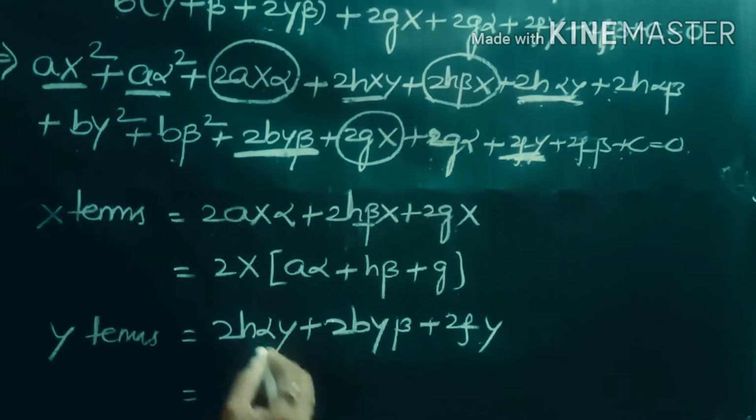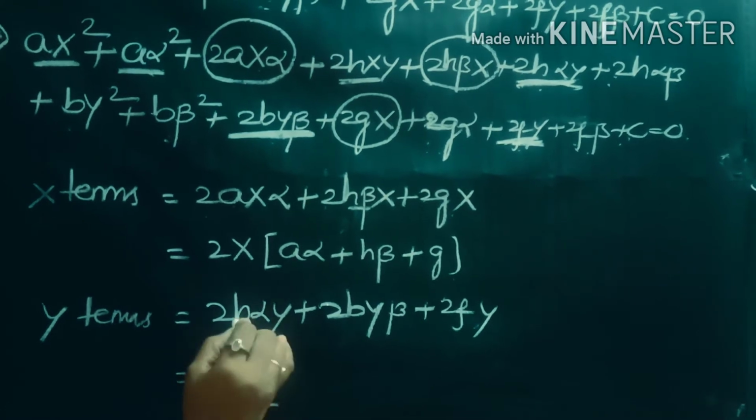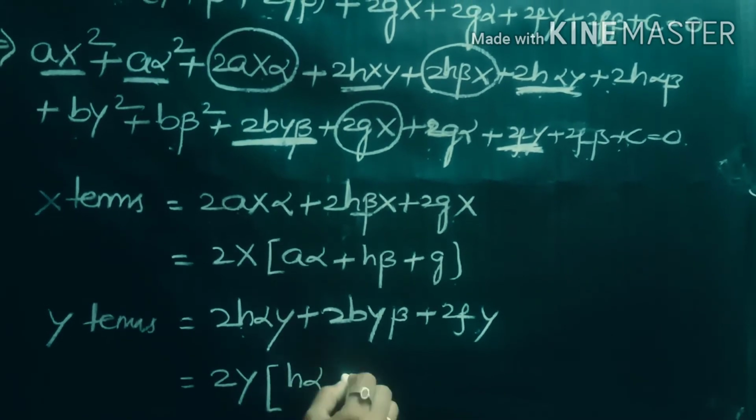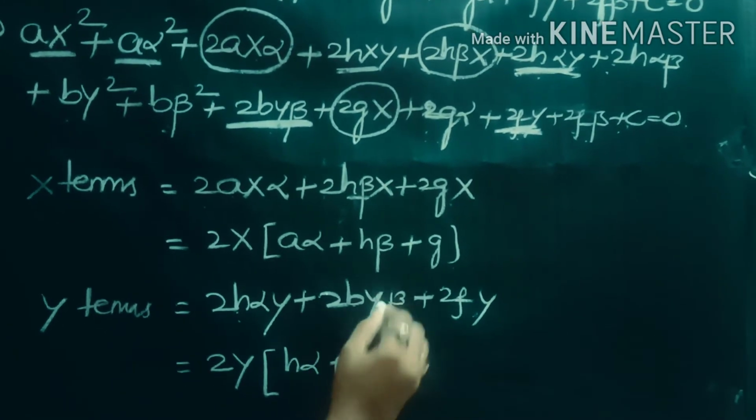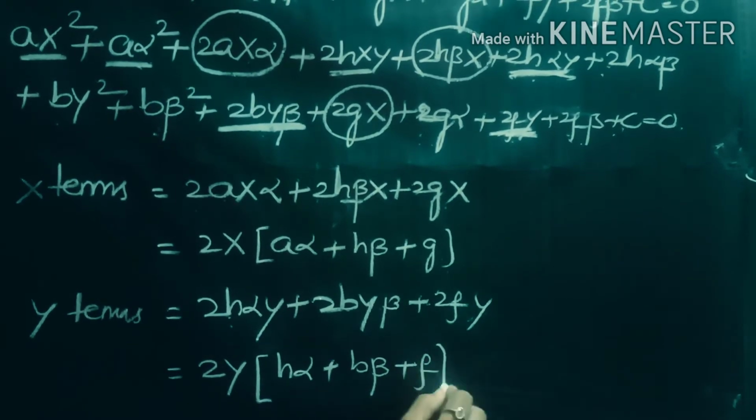Again from these terms we take 2y common, that is 2y into the remaining terms: h alpha plus b beta plus f.